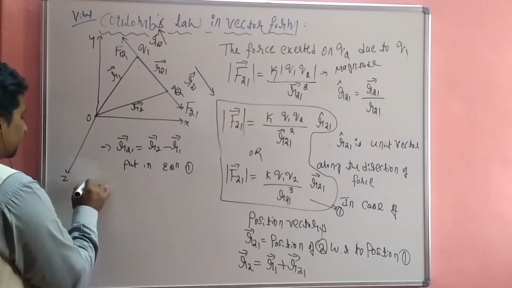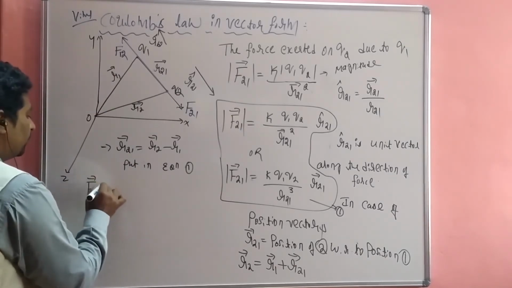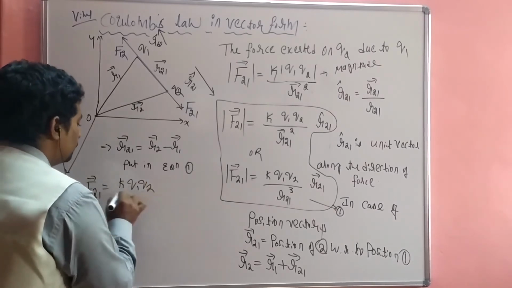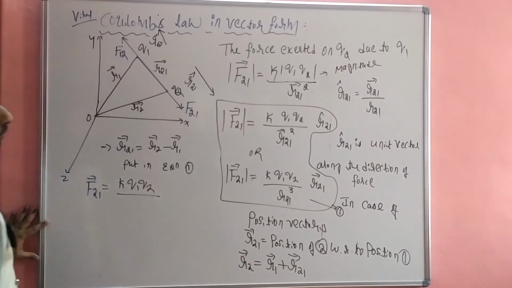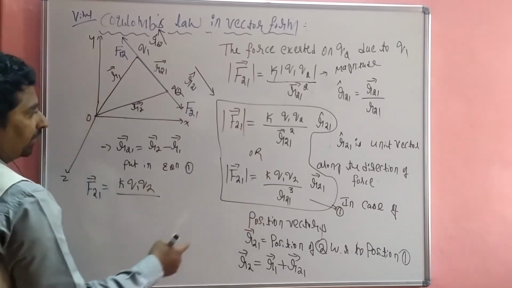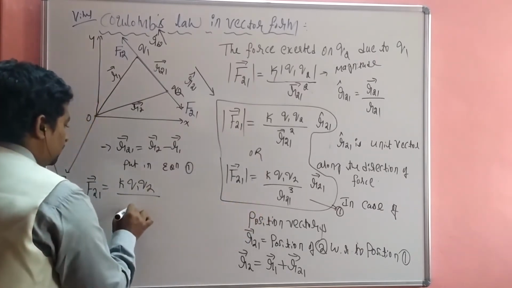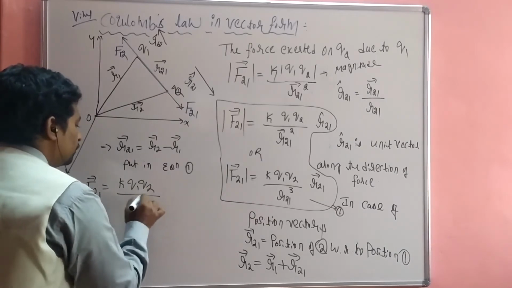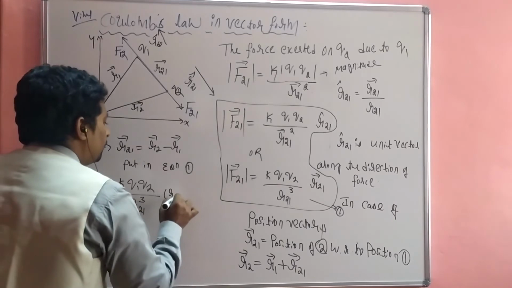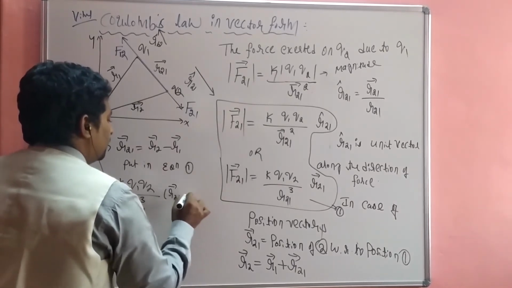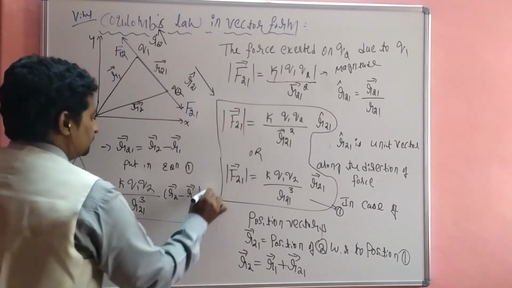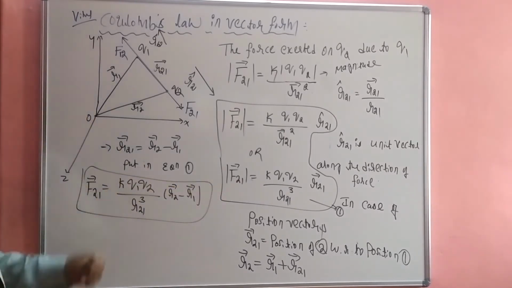Equation number 1 becomes F21 vector is equal to K Q1 Q2 divided by R21 cube, times R21 vector, which means R2 vector minus R1 vector. This is in case of the position vector.